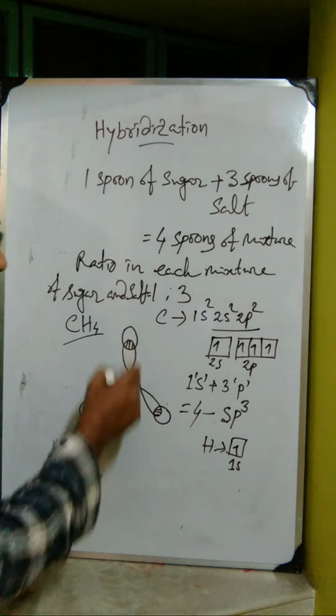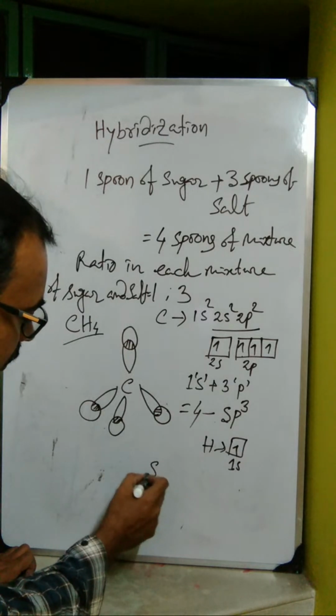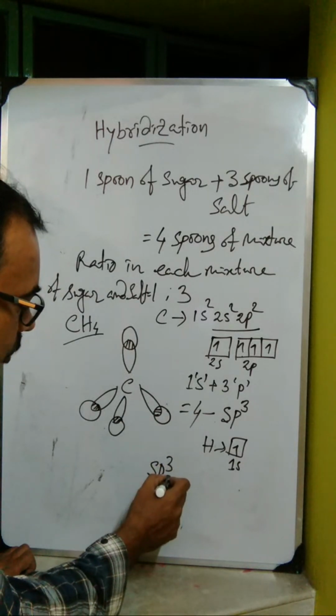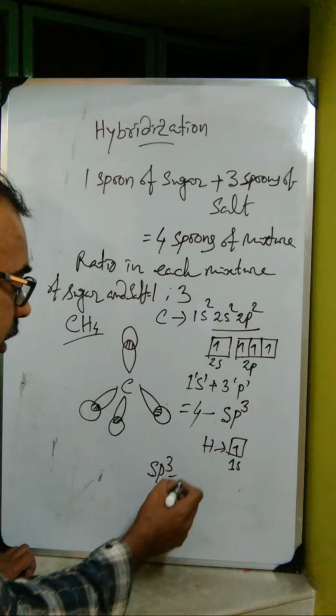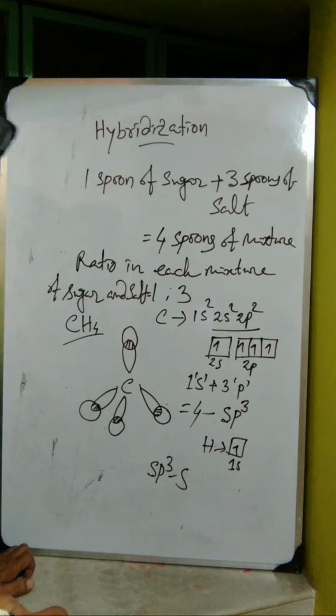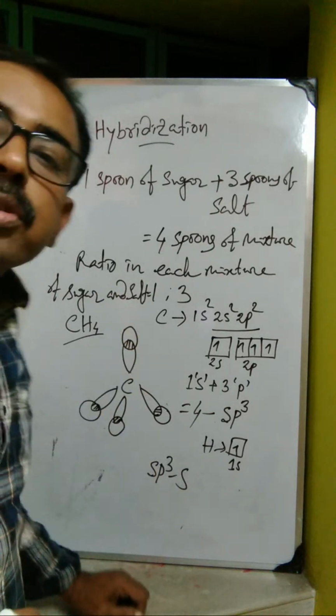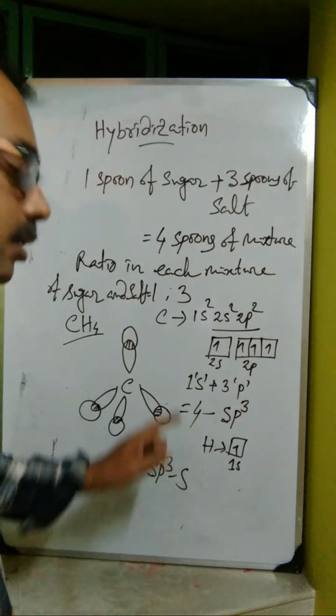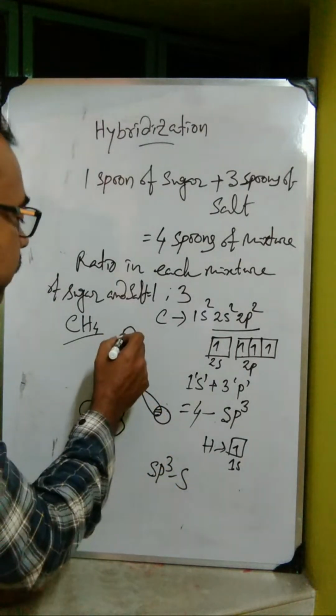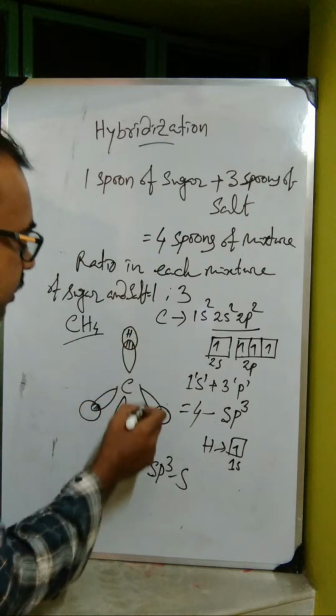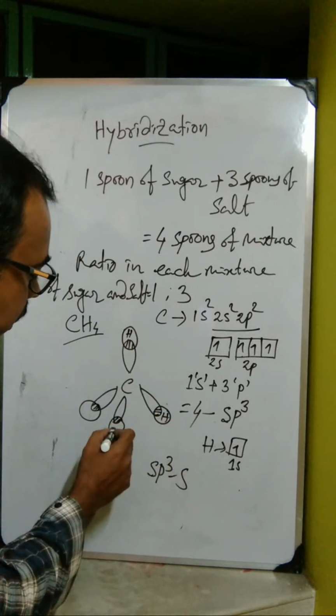So here 4 overlappings occur between the sp3 orbitals of carbon and the s orbitals of hydrogen. That is how CH4 is formed.